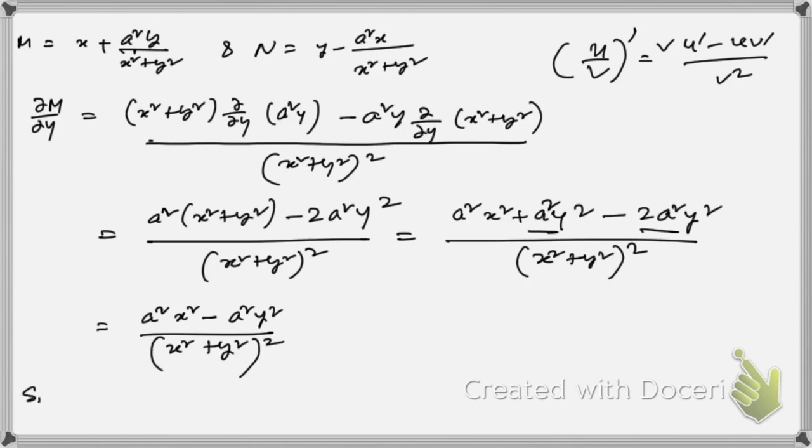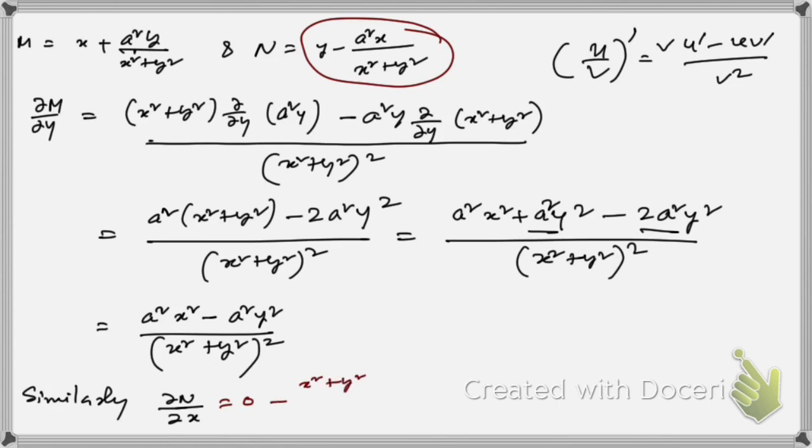Similarly, if you differentiate n with respect to x, this is n, right? If you differentiate y with respect to x, obviously that's going to be 0, minus, then x square plus y square.